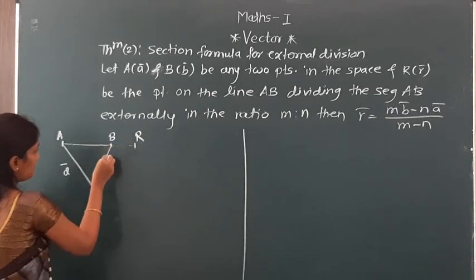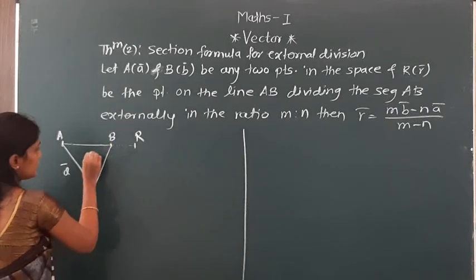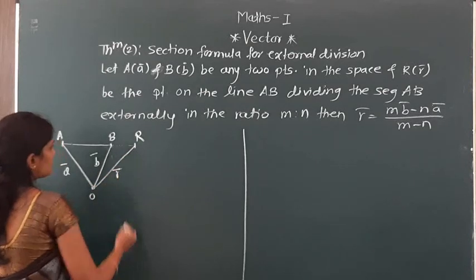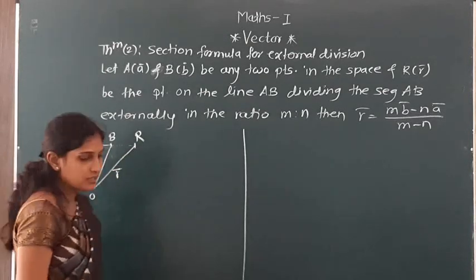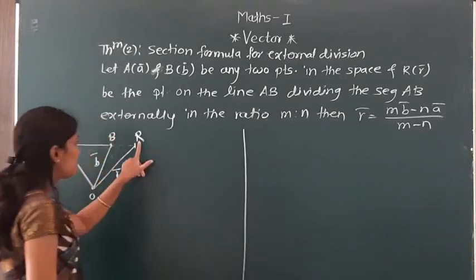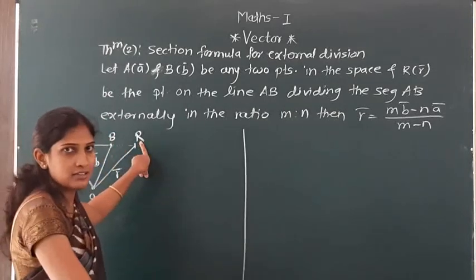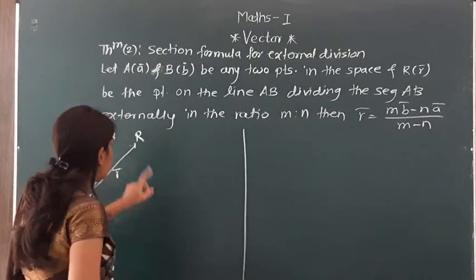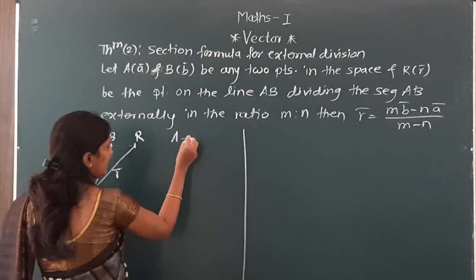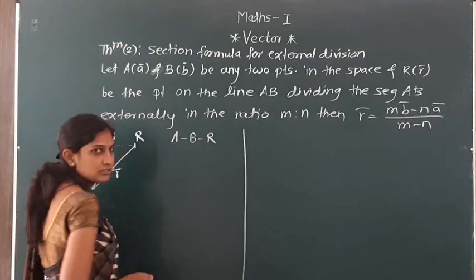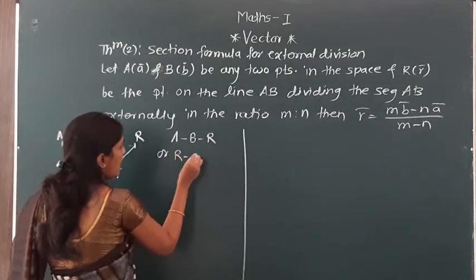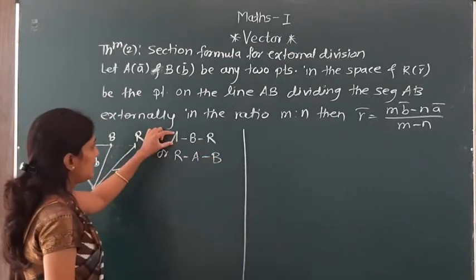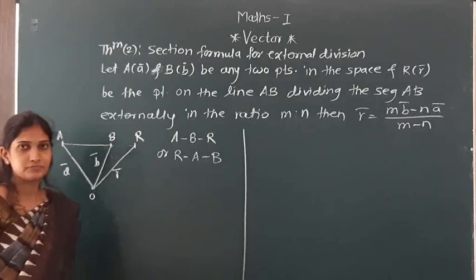The position vector of point B with respect to the origin is B bar. The position vector of point R with respect to the origin is R bar. This point R is an external division. So for convenience we say it is A, B, R or R, A, B. We take here A, B, R.